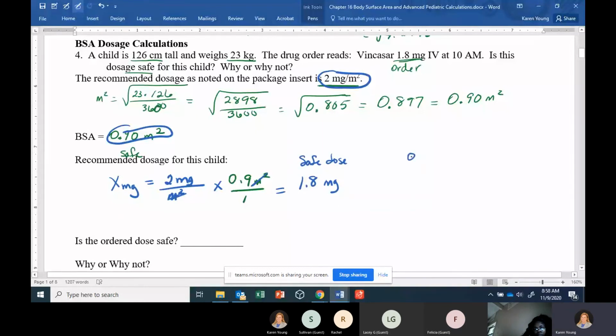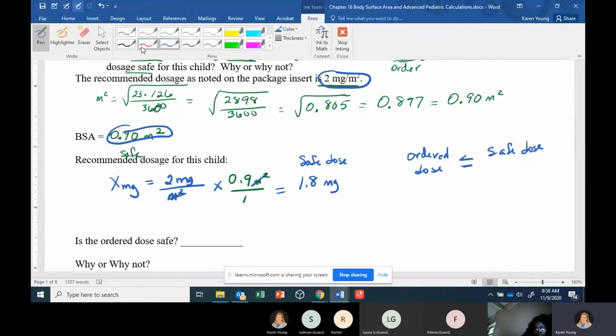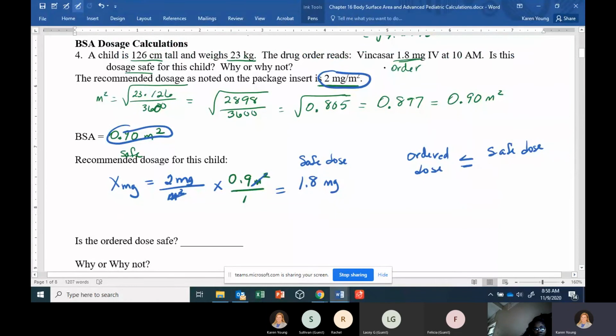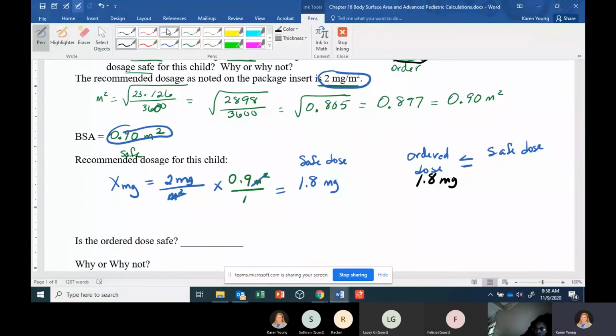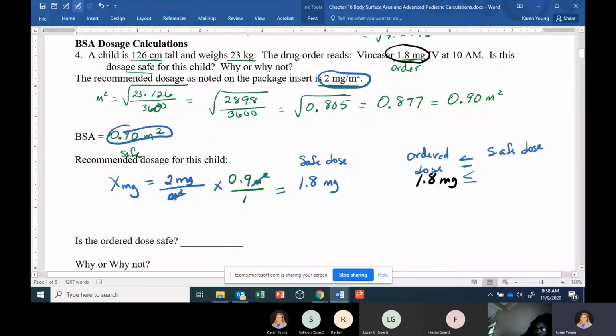So remember that your ordered dose is less than or equal to your safe dose. So my ordered dose is 1.8 milligrams here. And is it less than or equal to my safe dose, which is 1.8 milligrams? So that's a true statement, right?